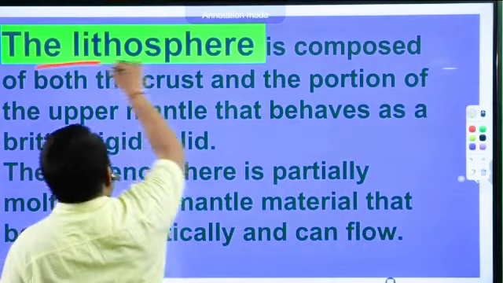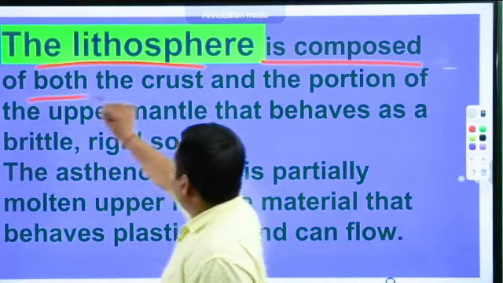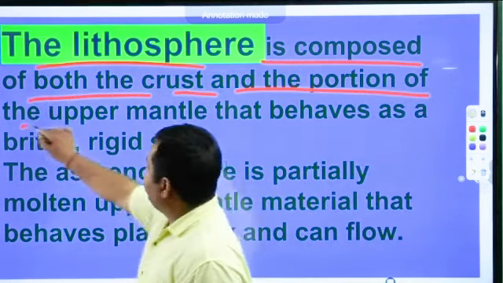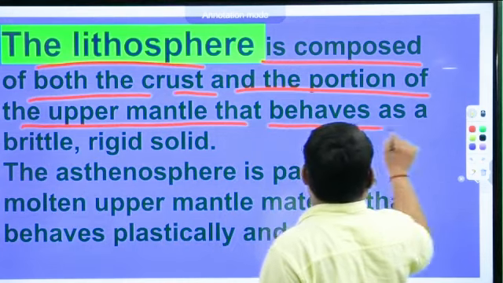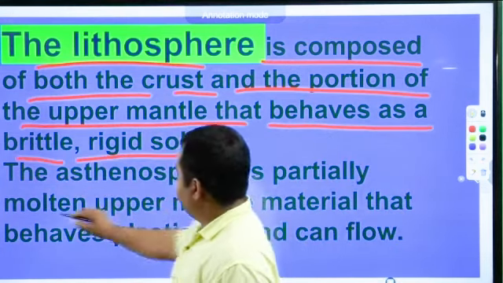The lithosphere is composed of both the crust and a portion of the upper mantle that behaves as a brittle rigid solid.